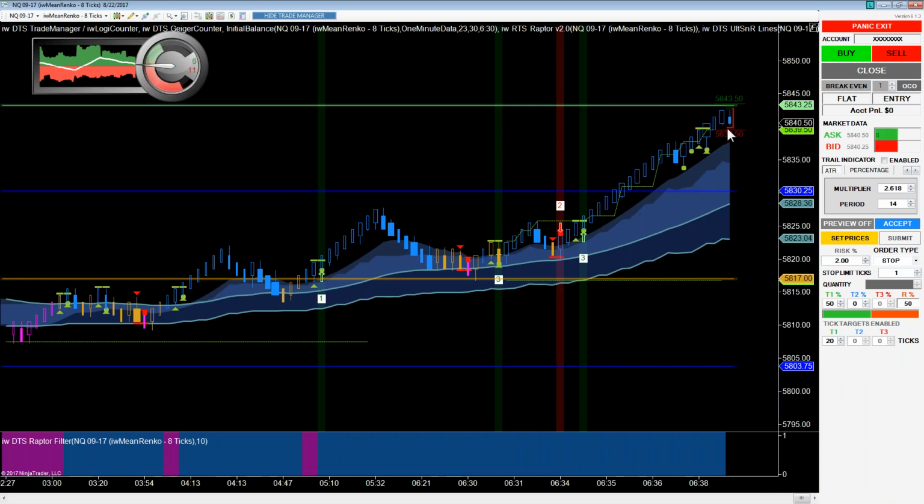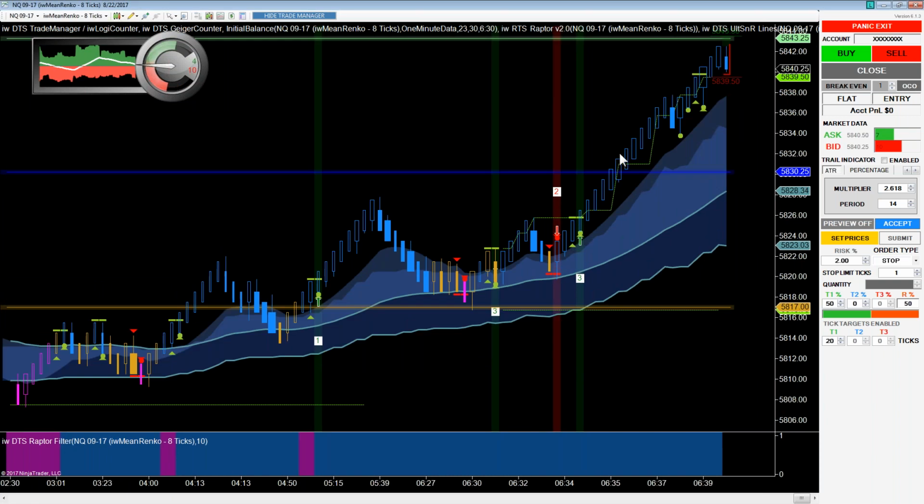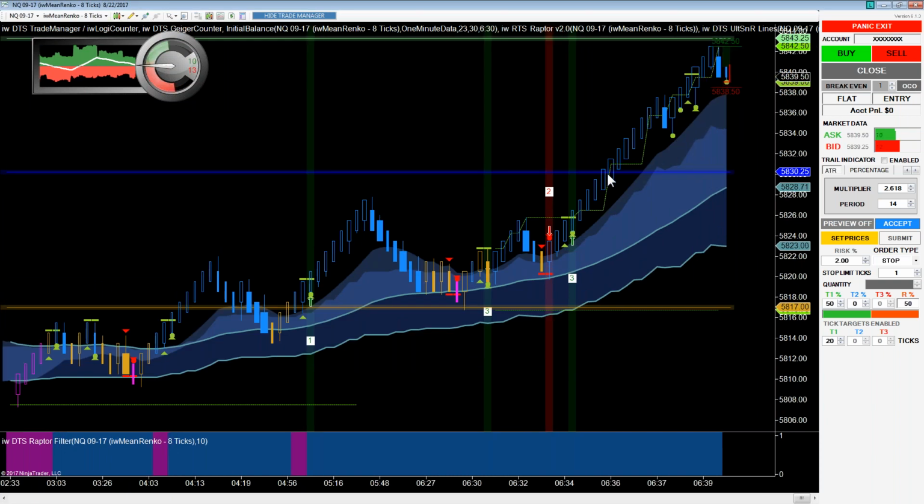These were numbers that were kind of influential a couple of days ago. I suspect we're going to see a little bit of selling come into the market. We may actually produce another counter trend signal here on the Raptor.